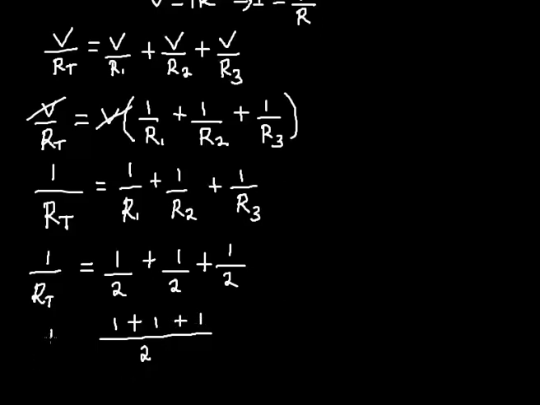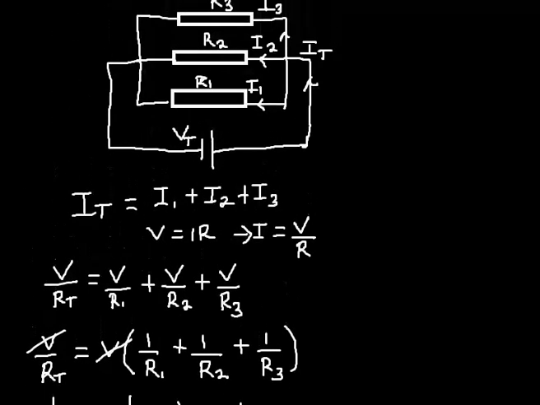So 1 all over RT is equal to 3 all over 2. For me to find RT, I have to invert the reciprocal. That's going to be 2 all over 3. I hope that is well understood.